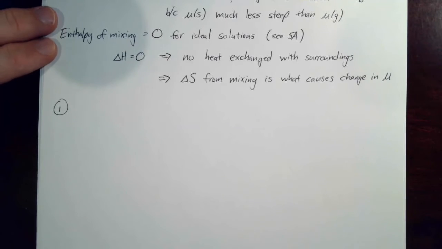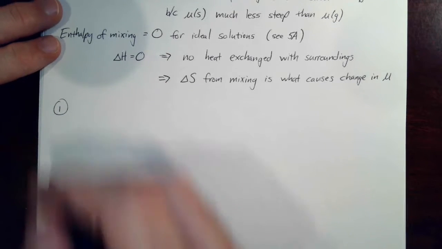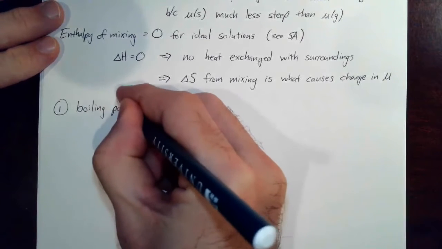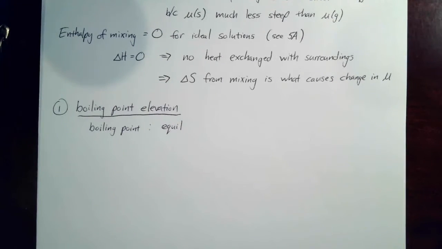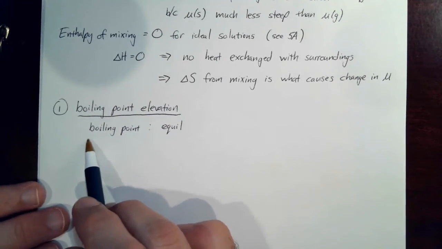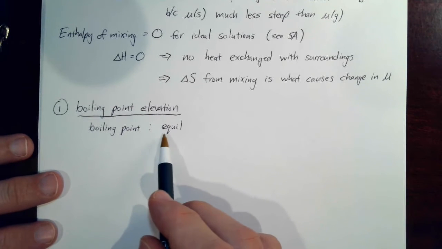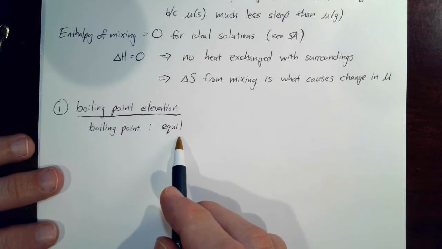All right, so the first example of a colligative property that I listed at the beginning of this lecture was boiling point elevation. So let's take a look at that one. And so boiling point, remember, implies that at that point we have equilibrium between the vapor and the liquid phases.